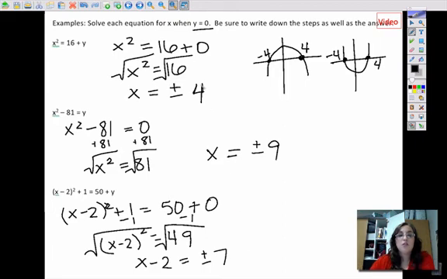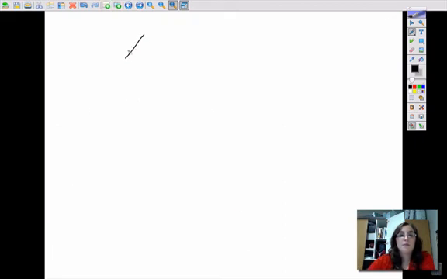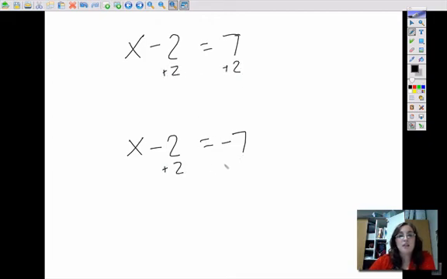So I'm going to solve 2 equations here. I'm going to solve x minus 2 equal to +7 and x minus 2 equal to -7. So by adding 2 to each side, I see that x either equals 9 or x equals negative 5.